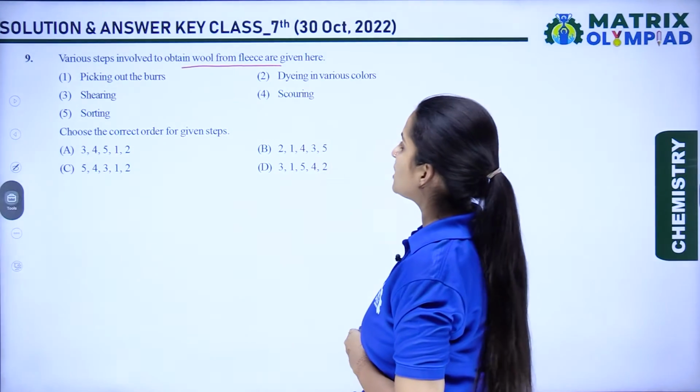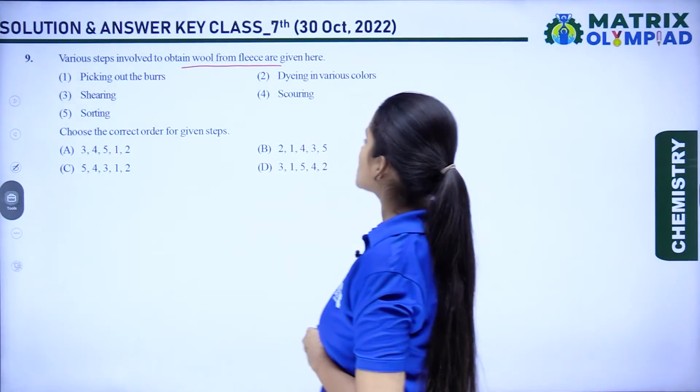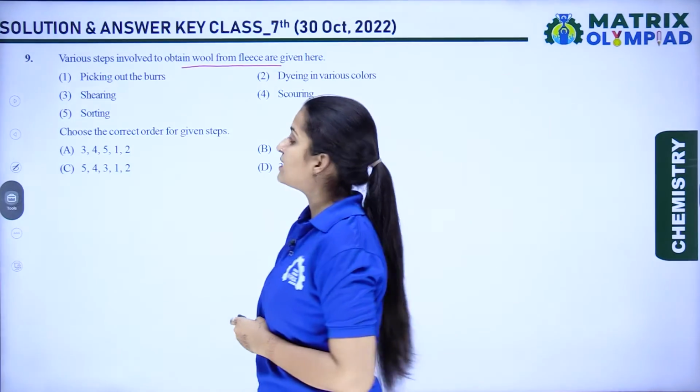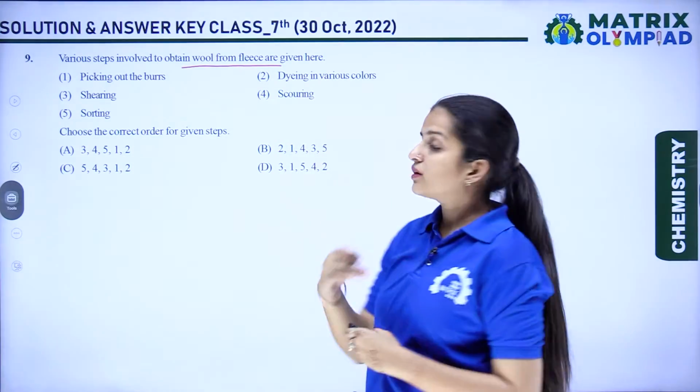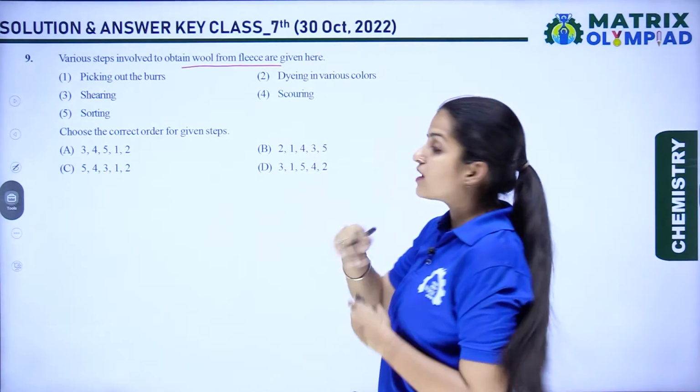Option 1, picking out the burrs, option 2, dyeing in various colors, shearing, scoring and sorting. When we convert wool from fleece, there are a number of steps.